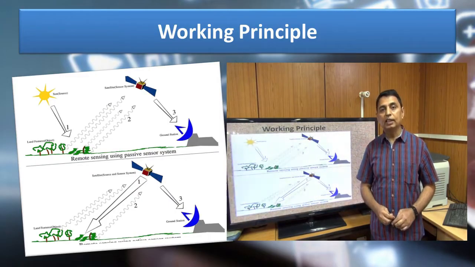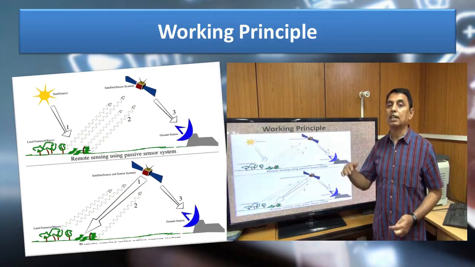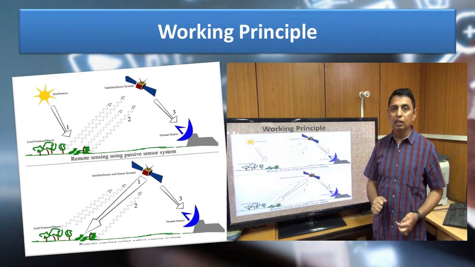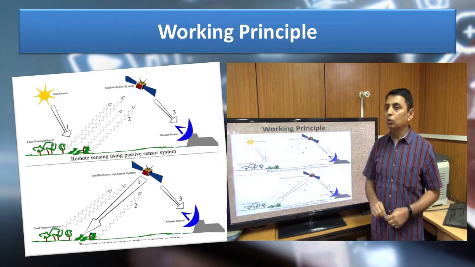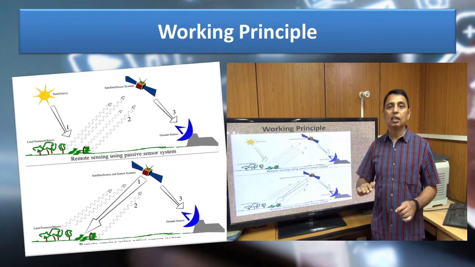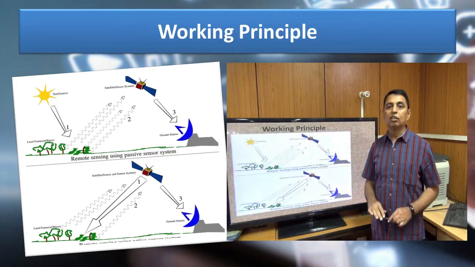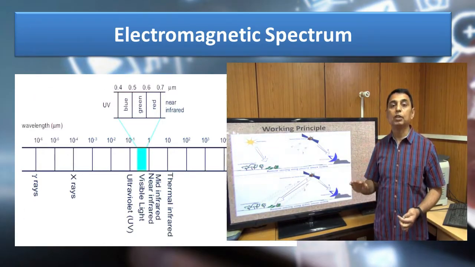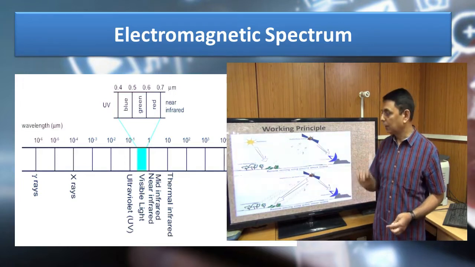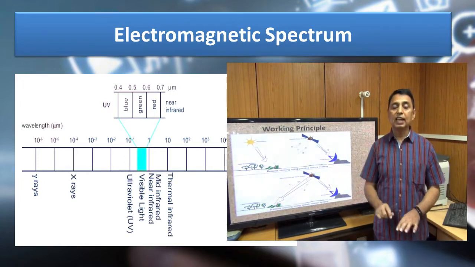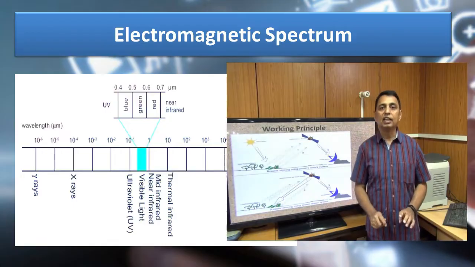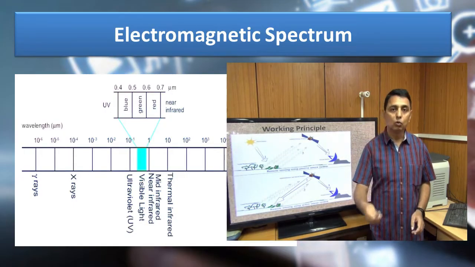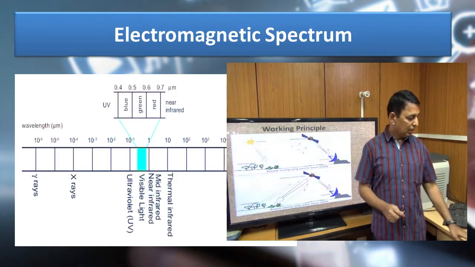Some electromagnetic wave reflects partially, 70%, some reflects 20%, some may not reflect. So these are the main characteristics on which the principle of remote sensing is based. Accordingly, we can analyze this data through GIS software and conclude to the objective.